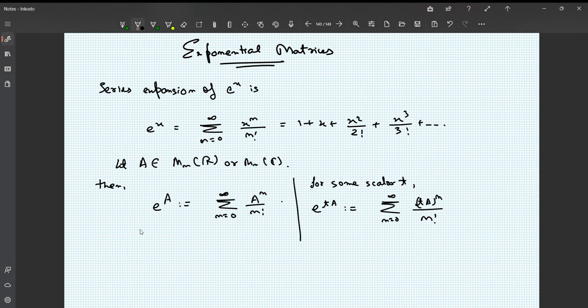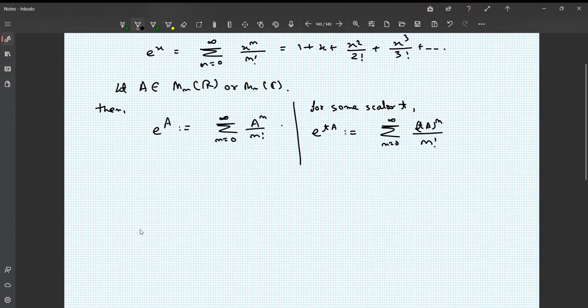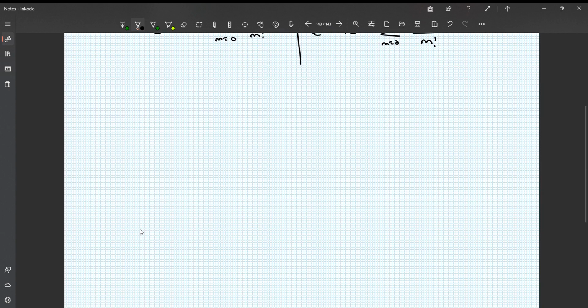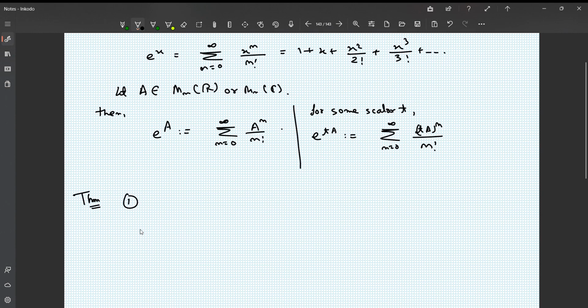Obviously, you can bring t out, but that's quite trivial. So the immediate observation is a set of theorems. These theorems will need an analytical proof, but we are going to assume that they hold. Suppose I name this series to be 1.